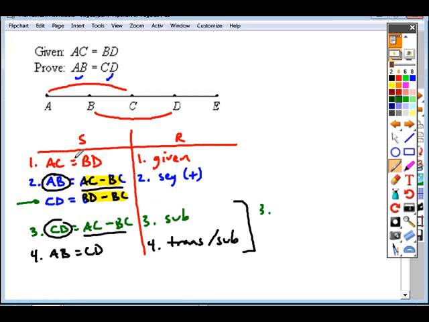So if you took the equation from step 1, so now in this method, we're taking the equation from step 1, which is AC is equal to BD, and we're going to manipulate that equation. We're going to take that statement and subtract BC from each side. Okay, and so that allows me to justify this using subtraction property.